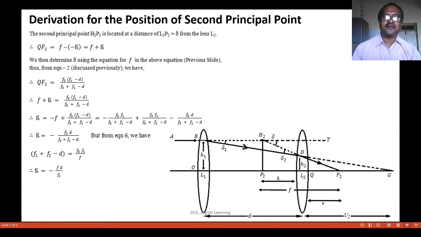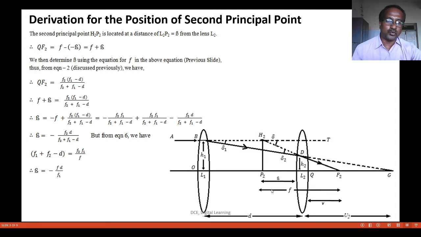To locate the principal points, looking at this diagram, the second principal point P2 on the principal axis lies at this distance from the lens L2, that is, L2P2 is equal to beta. Now, in order to locate this, I will coin this term QF2.